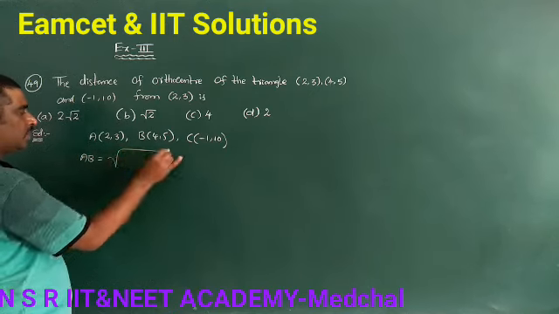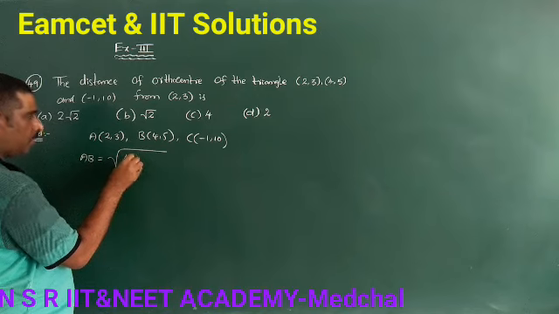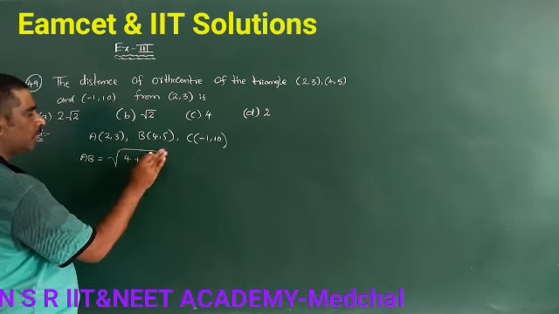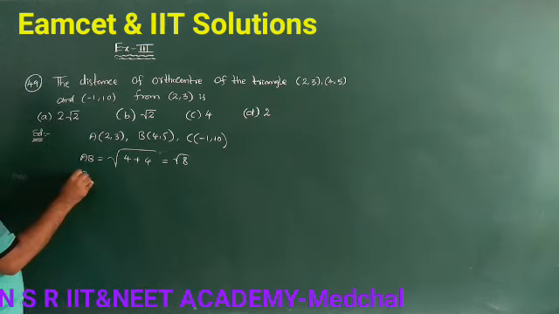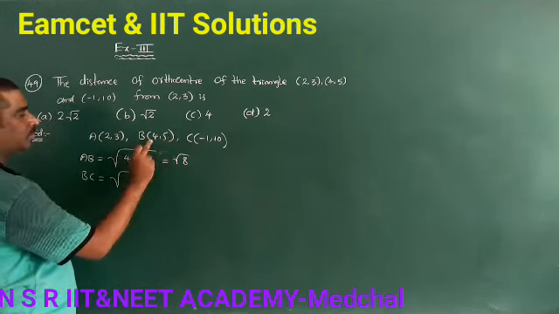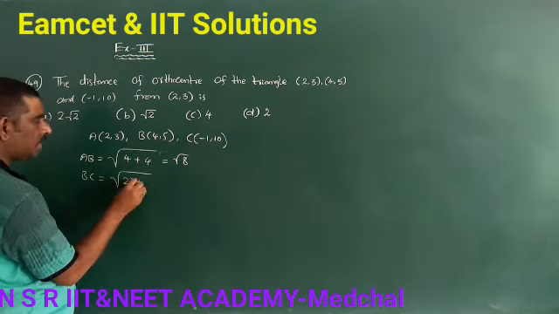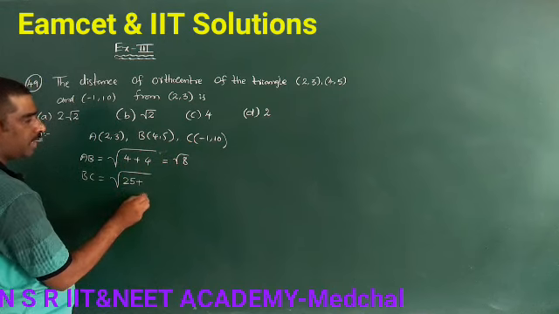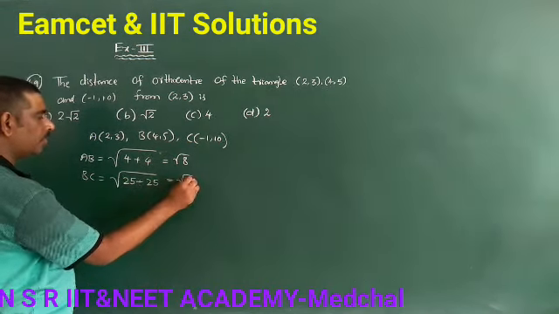What is the distance of AB? 4 minus 2 square we get 4. Next 5 minus 3 square 4. So 4 plus 4, 8. So AB equals root 8. Next, BC distance: x2 minus x1 whole square, minus 1 minus 4, minus 5 square, 25, plus 10 minus 5, 5 square, 25. 25 plus 25, root 50.